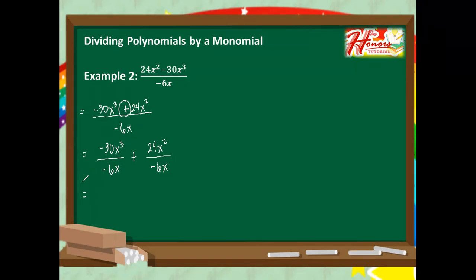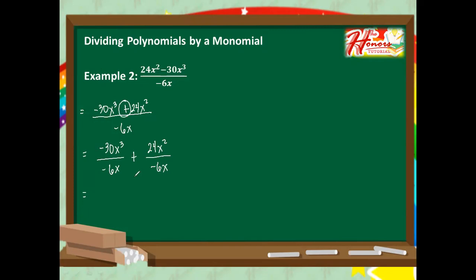You can just divide negative 30 and negative 6 because when you divide them, we will not get any remainder. So they are possible to be divided together.